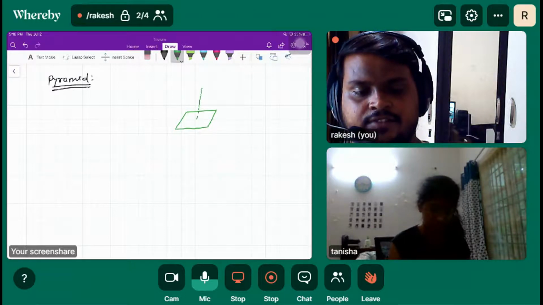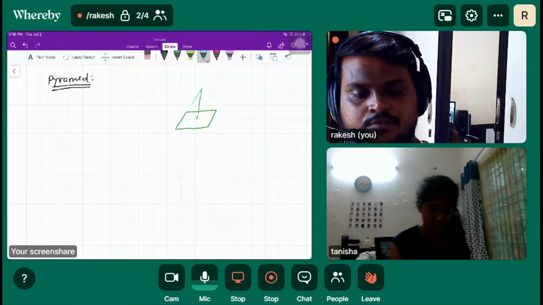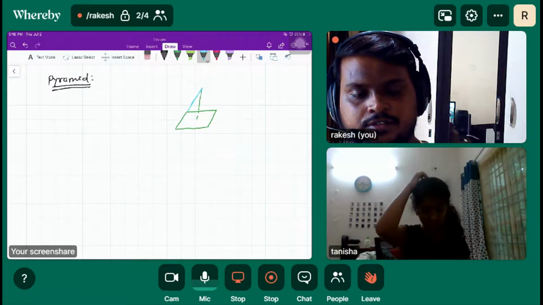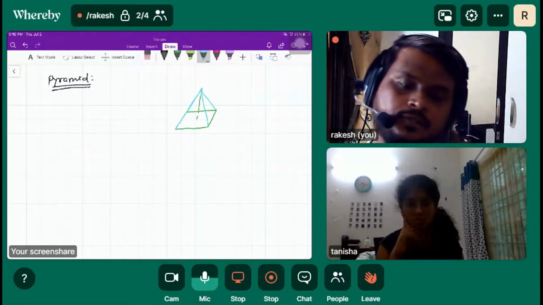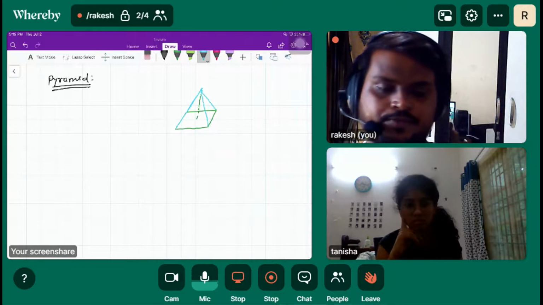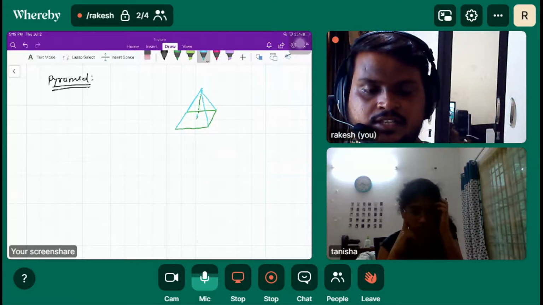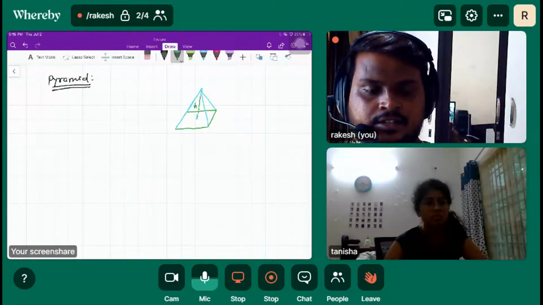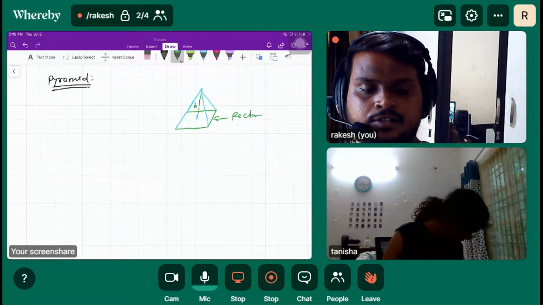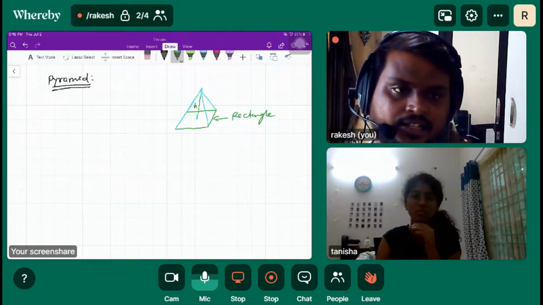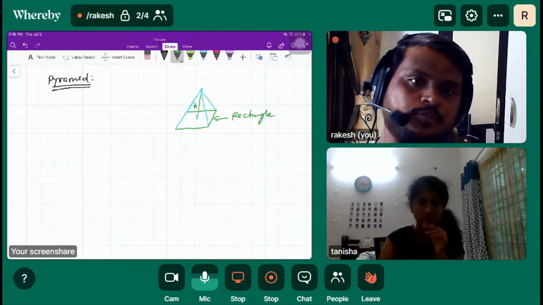When we connect the height point with the base, you would definitely observe the shape of a pyramid, whose height is h, and the base is a rectangle here. So this is the shape of a pyramid.